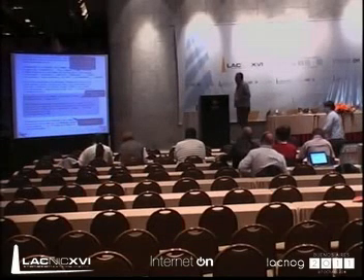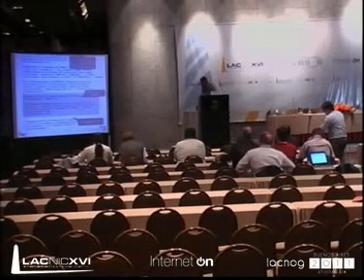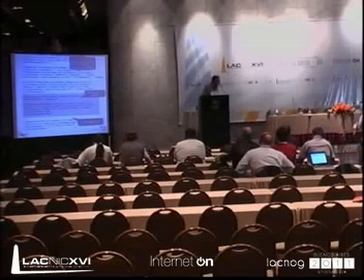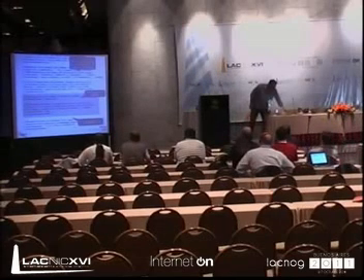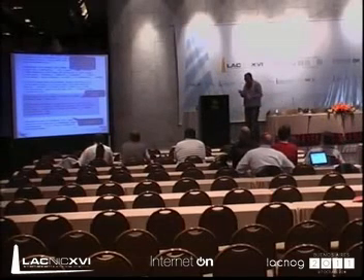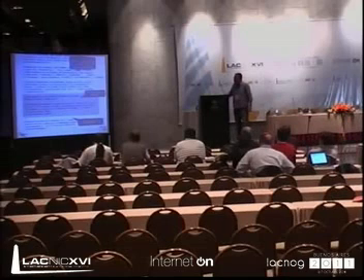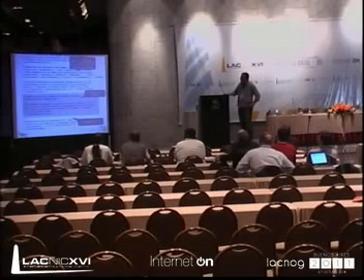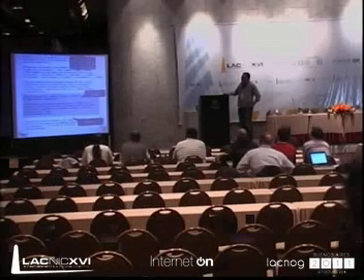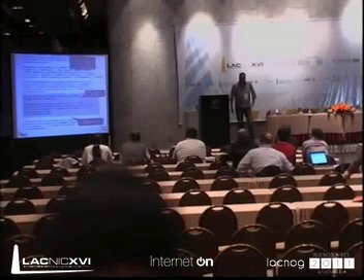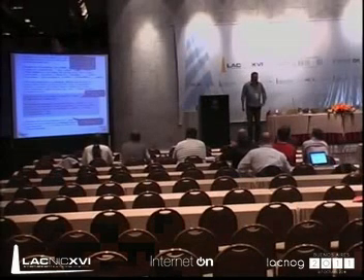What you see here is an example of the configuration file of Unbound. The only thing that you need to do is fill in the auto trust anchor file, which contains the information about the key set of the root.